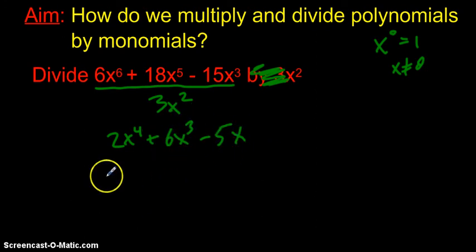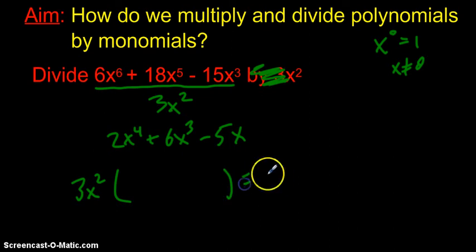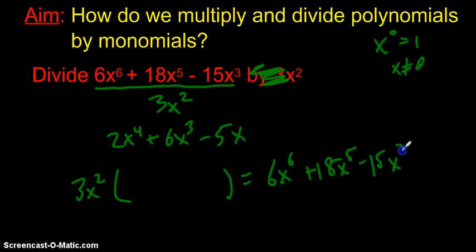You could think of it as 3x to the 2nd times something was equal to 6x to the 6th plus 18x to the fifth minus 15x to the third.